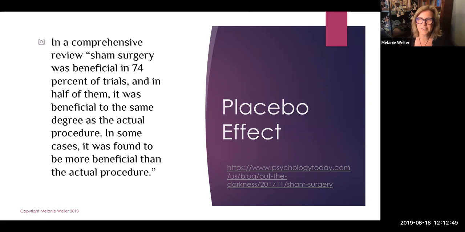The other really interesting study that she profiles in the book is giving healthy young college-age students injections of normal saline, just water, and telling them it was chemotherapy. And 20% of them had hair loss, even though there was no actual chemotherapy, but they believed it was chemotherapy.